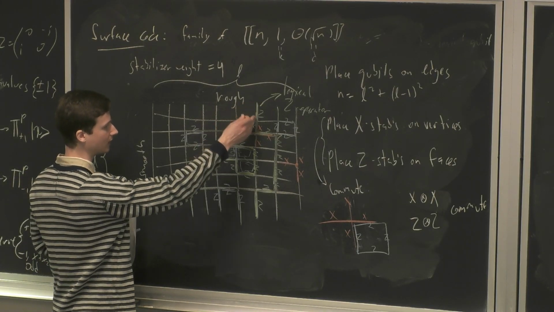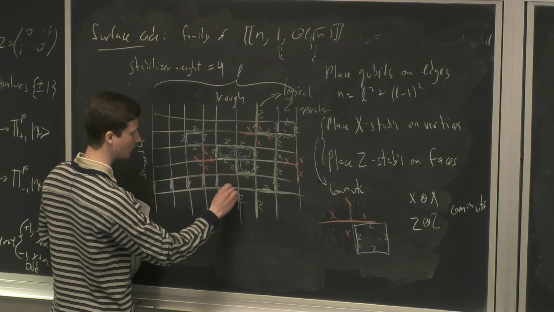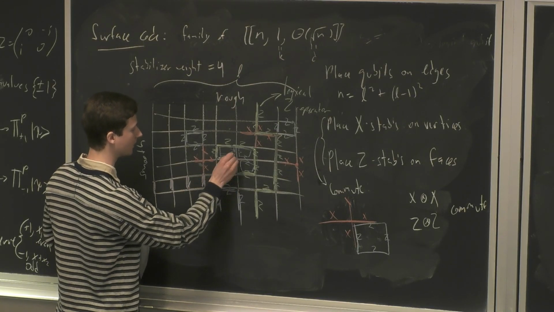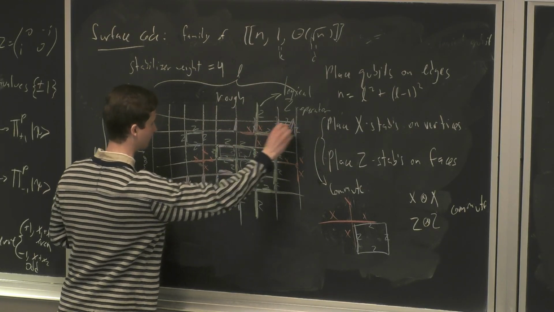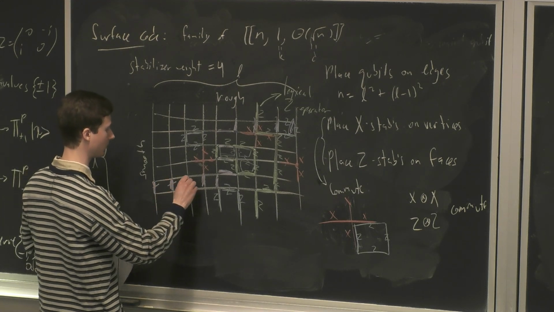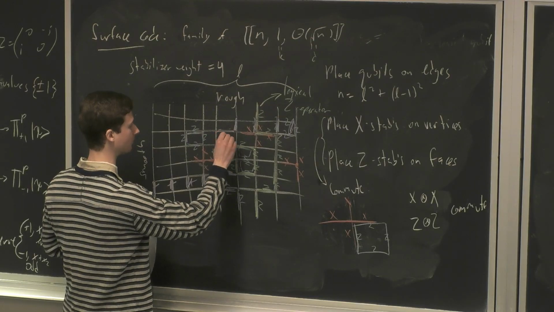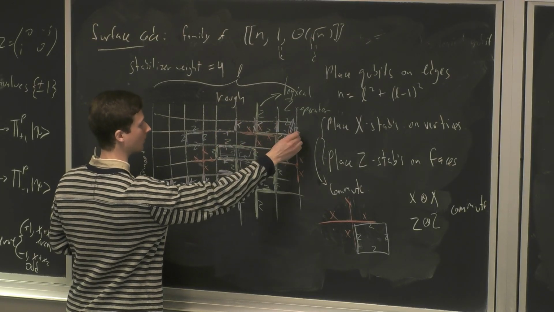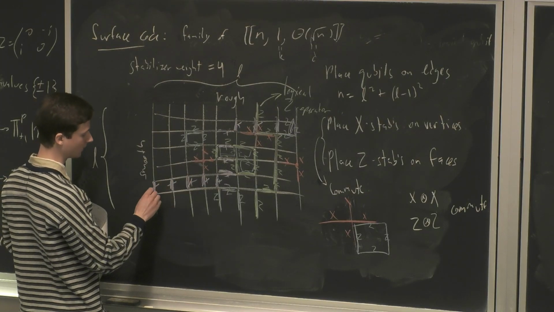So instead of just directly connecting edges like in the logical Z, the logical X is a sort of ladder-type path. So we tensor Pauli X's on all of these edges, along this path through the lattice from smooth to smooth.